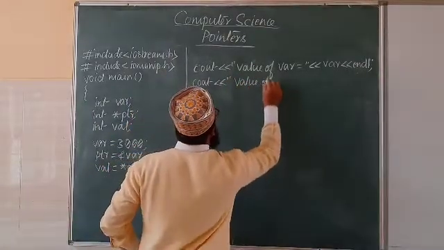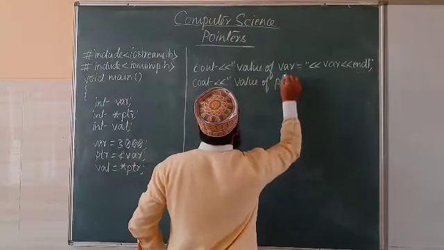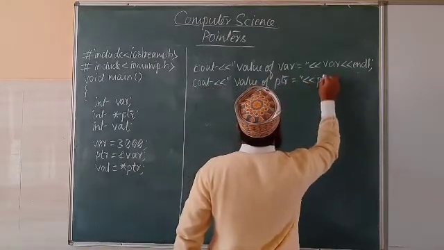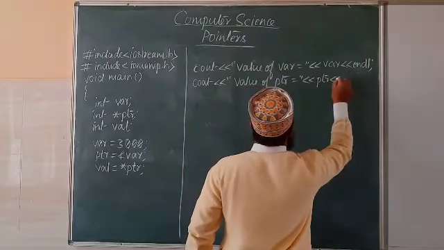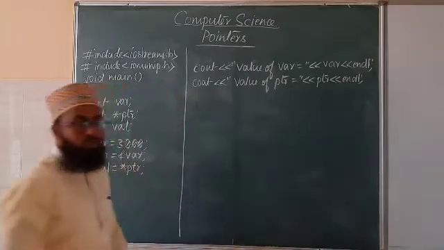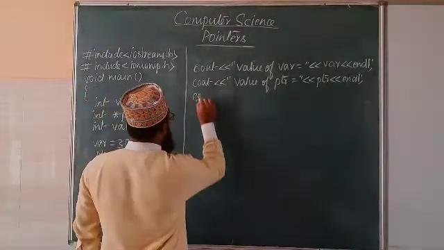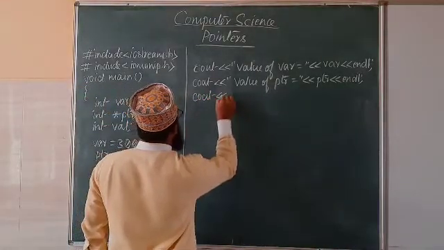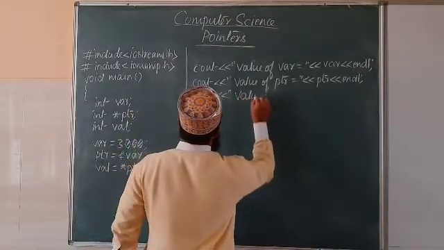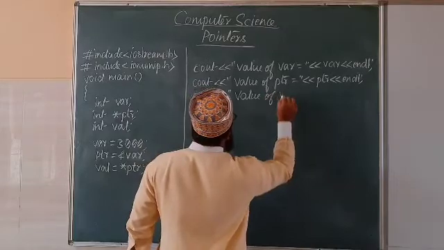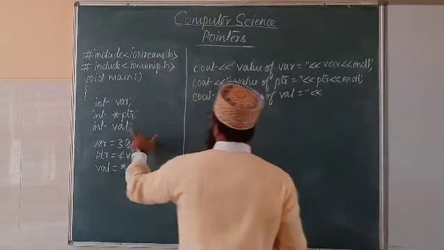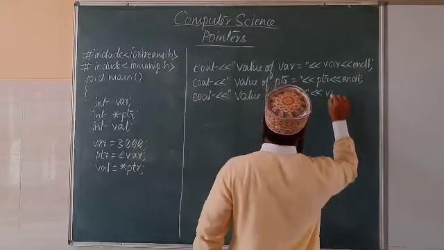Value of ptr equals, then take it as ptr. After that, give endl; control moves to next line. Then after that, cout. Then finally value of val, which is equal to, then give it as variable val.